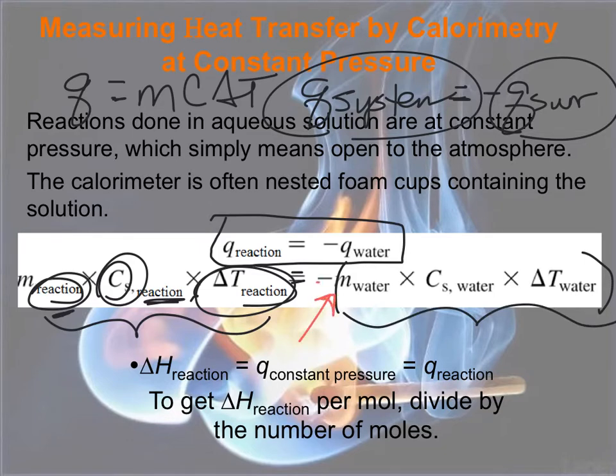If you forget this negative sign on one side of the equation, you will get a completely different answer. So be really careful. I would make a note of it right now and highlight it.